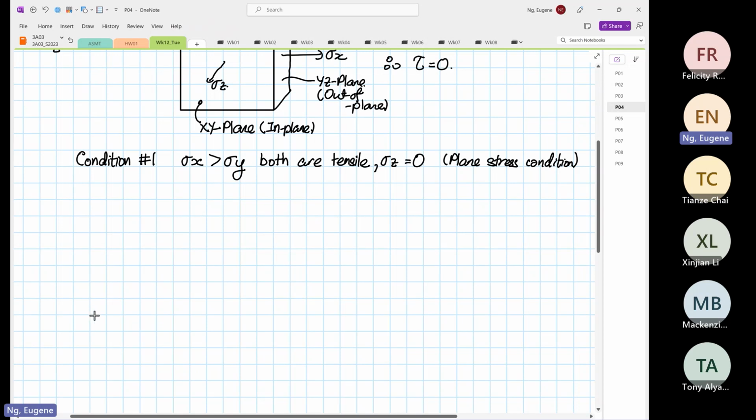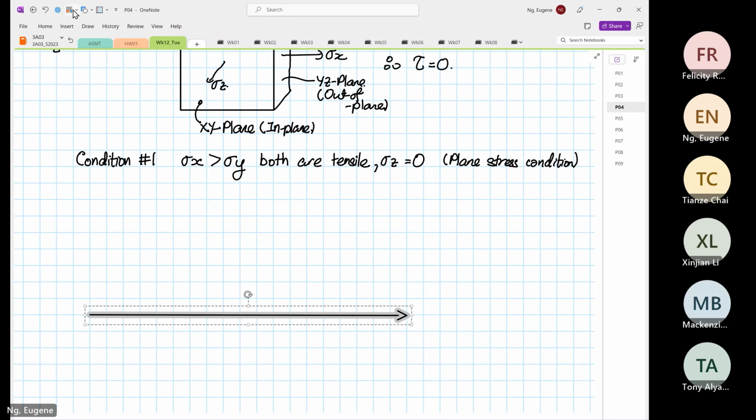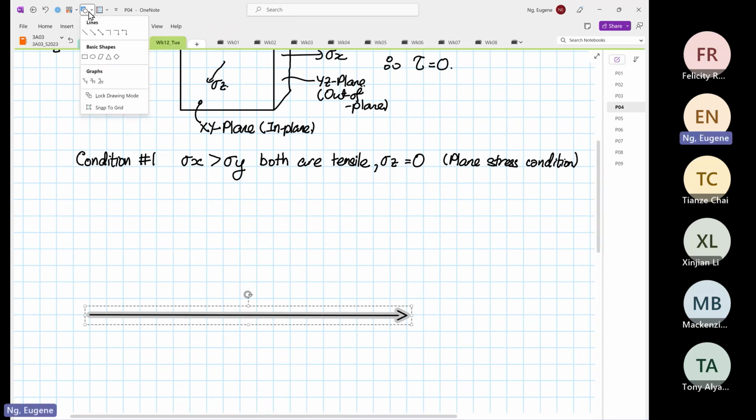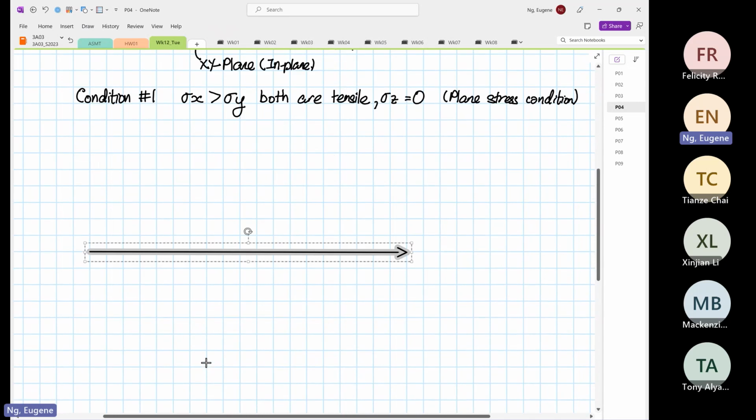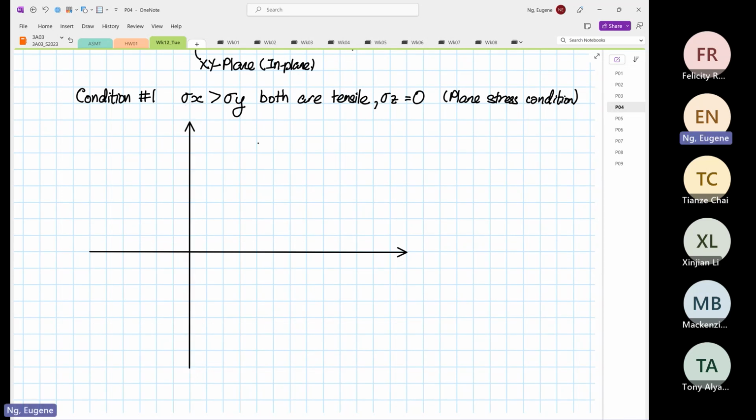So this is our normal stress, and over here, this is our shear stress. Element rotate clockwise, element rotate anti-clockwise. So we know that stress Z is equal to 0. So this is our stress Z line.